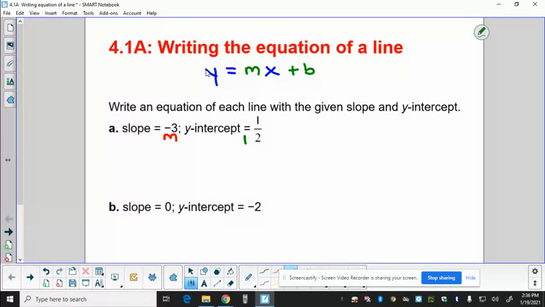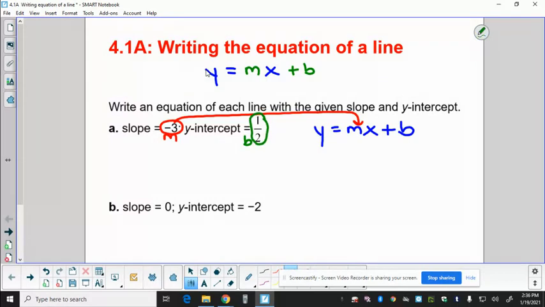That's b, isn't it? So if we want to write our equation of a line, we know it's going to be in this form. And if we could just substitute those numbers into these locations, we'll be all set. So this is m. That should go right there. This number right here is actually b.